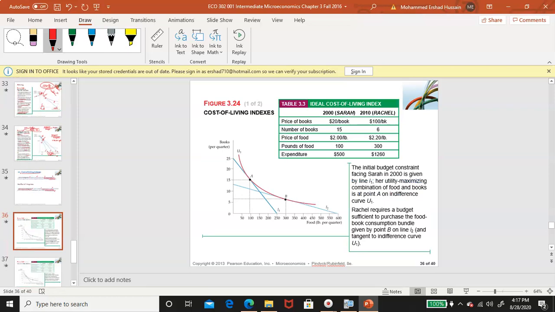So let us see what is going on here. Cost of living index, table 3.3, ideal cost of living index. The price of books is $20 per book in year 2000 for Sarah, and the number of books is 15. The price of food is $2 per pound, pounds of food is 100, and expenditure is 500.